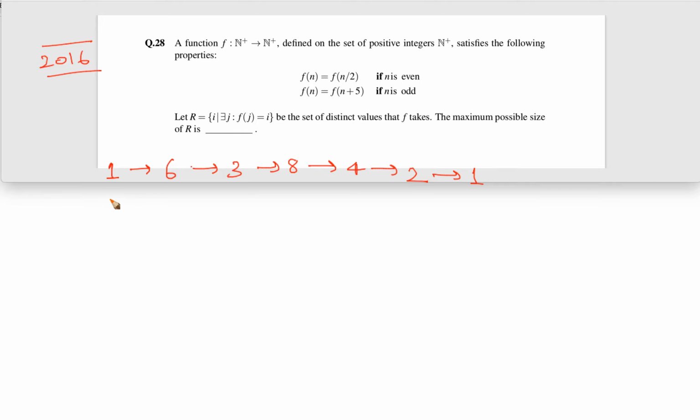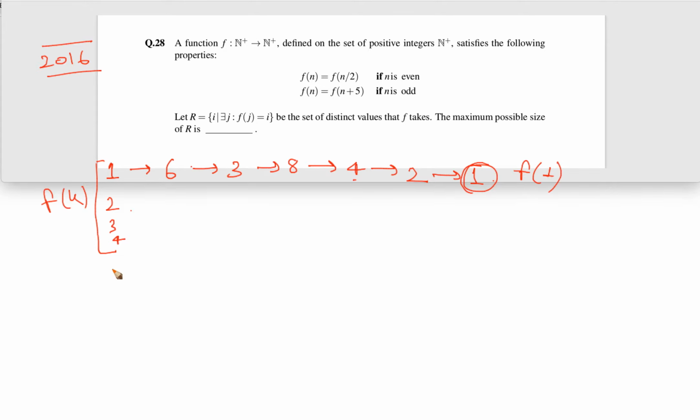So what will happen is that 2 also is going to 1. For 3 also it is finally going to 1. For 4 also it is finally going to 1. 5 is interesting. So 1, 2, 3, 4 all are going to f(1) only.